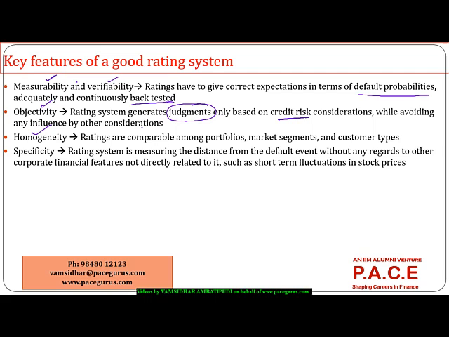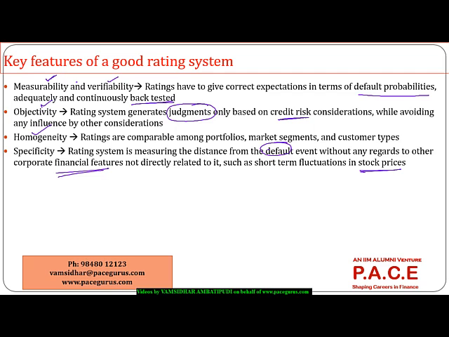Then there should be a kind of specificity. So we are talking about the distance from default. It should not link it with various other corporate financial features. So if we are talking about stock price fluctuation, that may not have any kind of relationship to the distance from default, right?